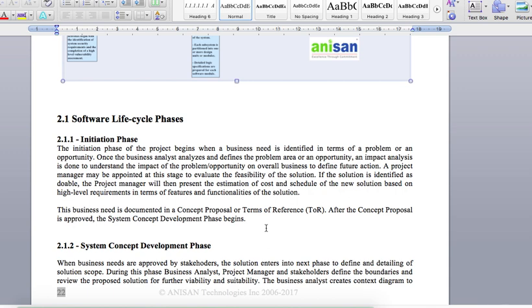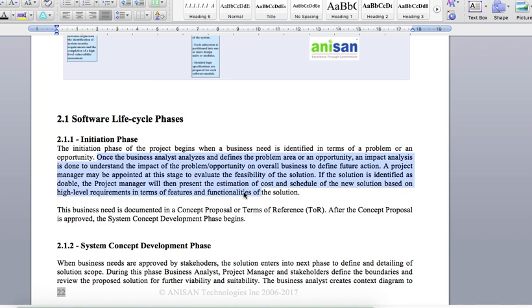So these are the various ways the business need is identified. Okay, and now I'm going to highlight here. Once the business analyst analyzes and defines the problem area or the opportunity, an impact analysis is done to understand the impact of the problem or the opportunity on the overall business to define the future action.